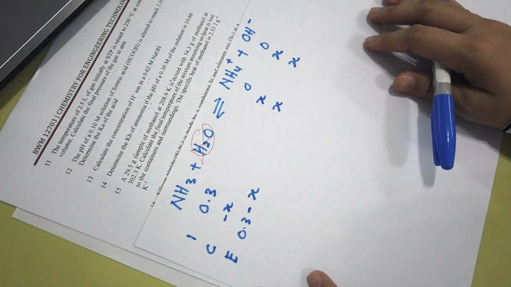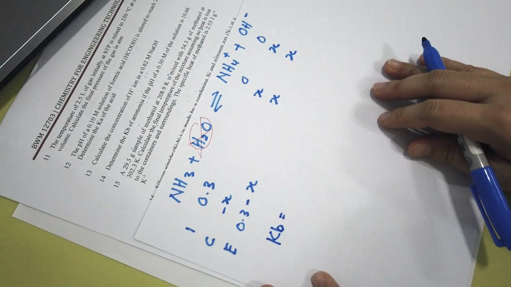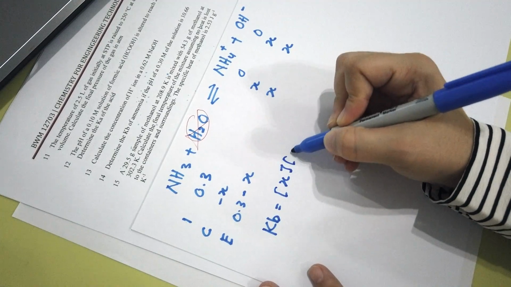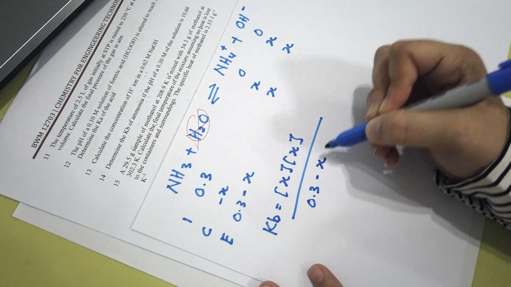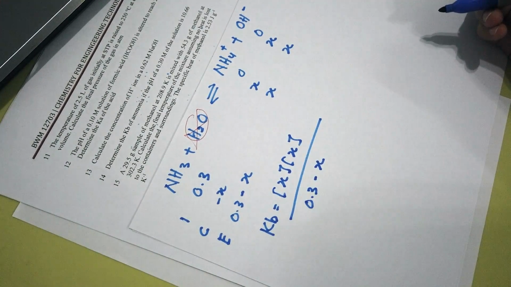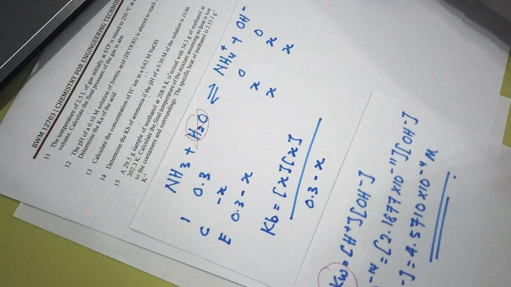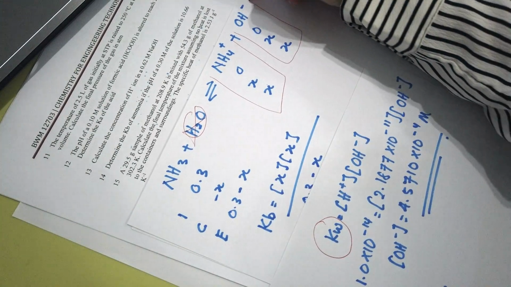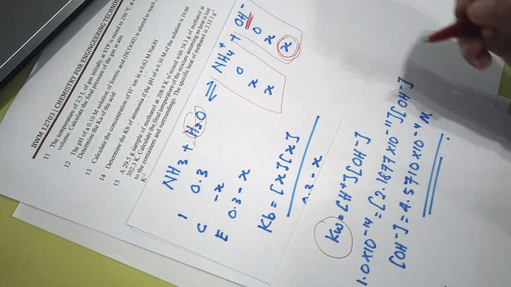Okay, from the ICE diagram you can calculate the Kb, which is equivalent to the products over the reactant. So it will be concentration of X squared divided by 0.3 minus X, but your X is being calculated before, which is the concentration of your OH minus. So here, this is the OH minus.